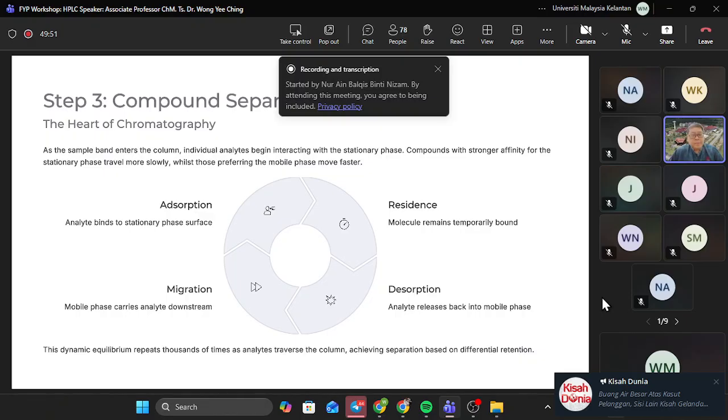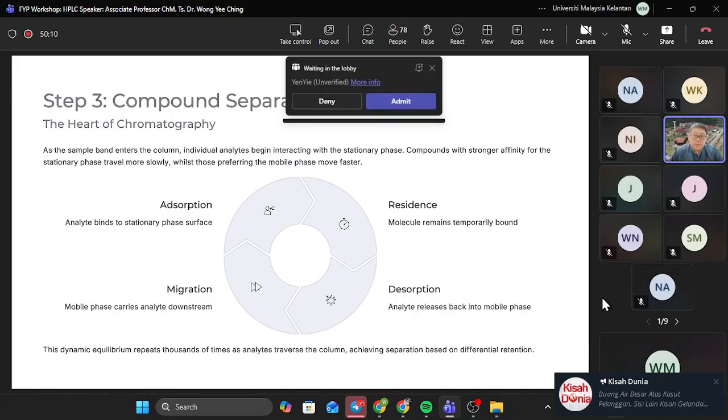And the component separation, this is the core of your chromatography, whereby your stationary phase and your mobile phase play their roles in doing so.